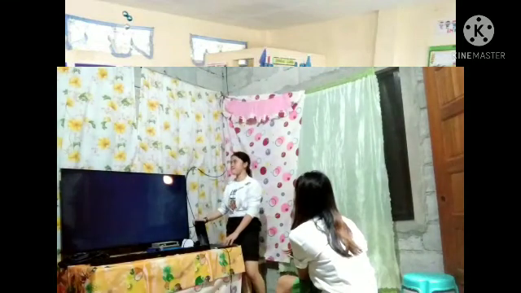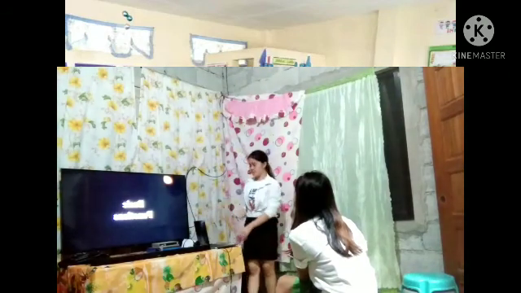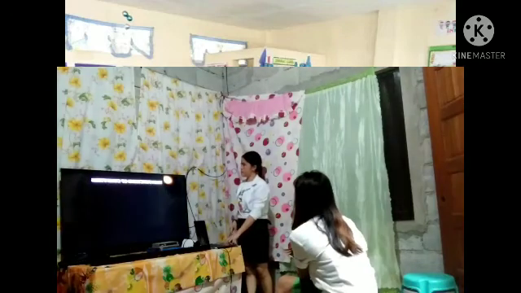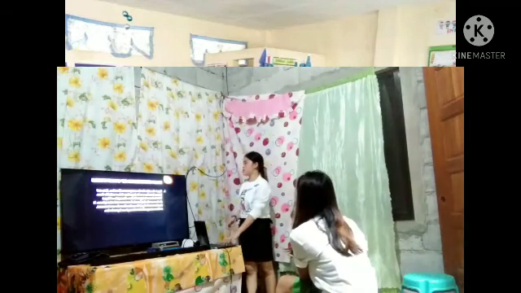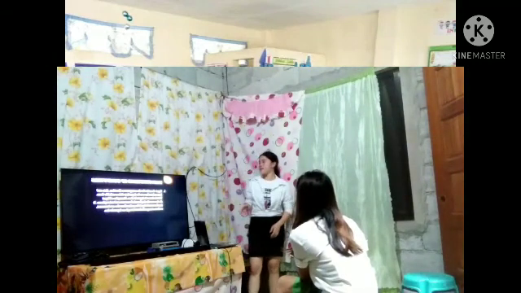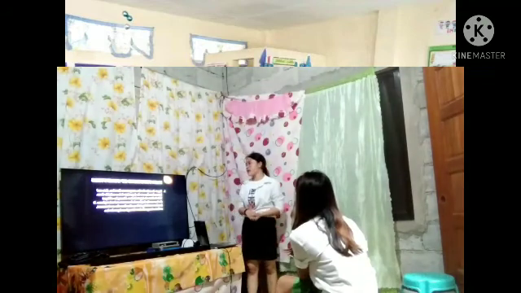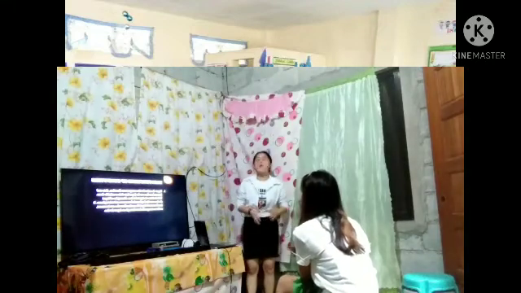So let's proceed to the basic functions of computers. The input: in order for the computer to function, data and instructions have to be input into a suitable form.